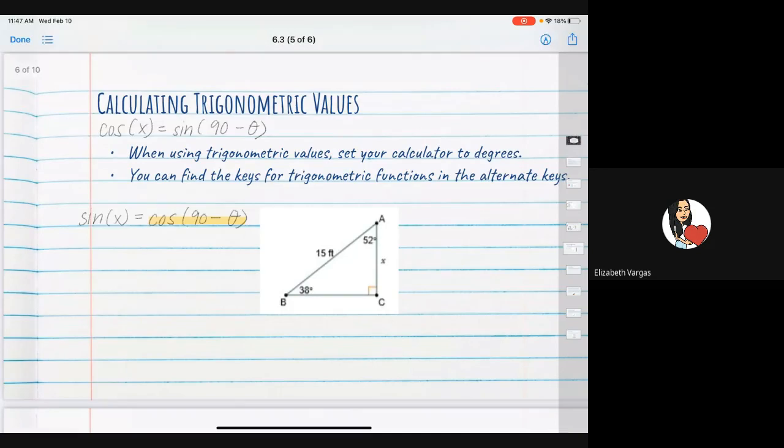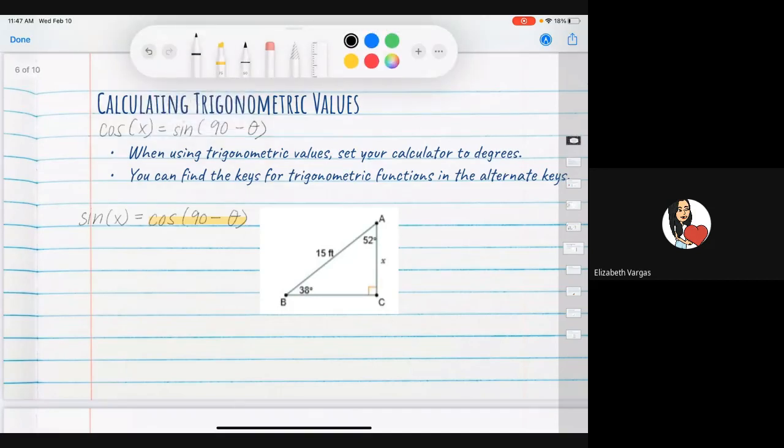We have sine x equals cos of 90 minus, and what acute angle did we use? Well, we used acute angle B, so we do 90 minus 38. And so we get sine x is equal to cos 52.